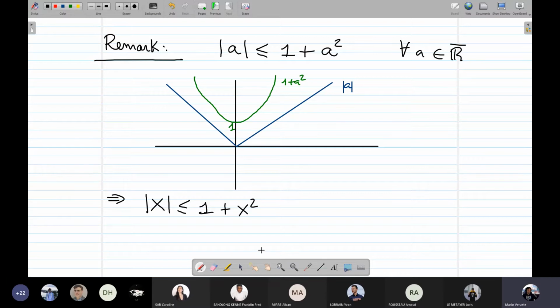And therefore, if you integrate this inequality, or if you take the expectation, it is the same.